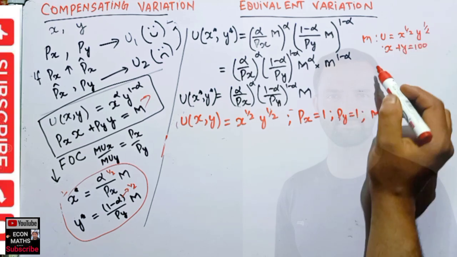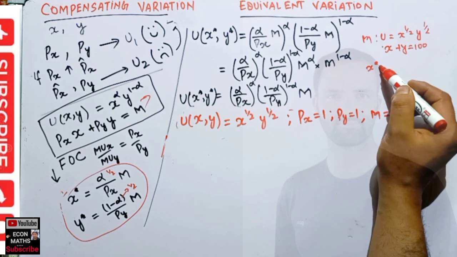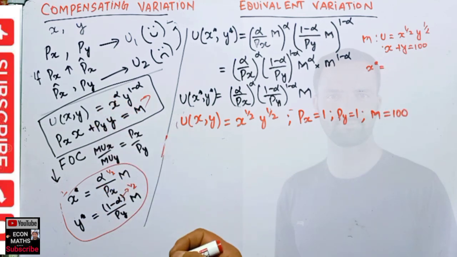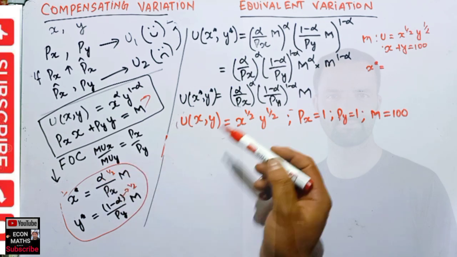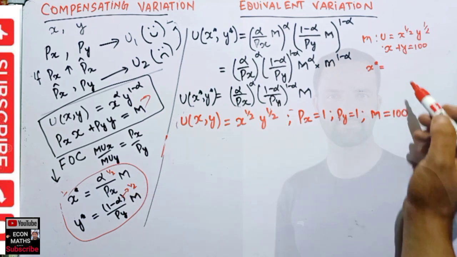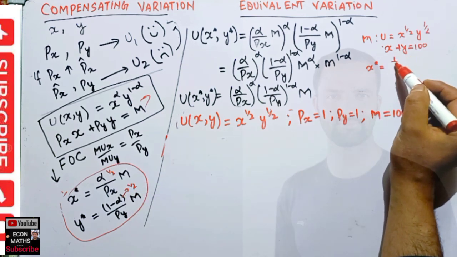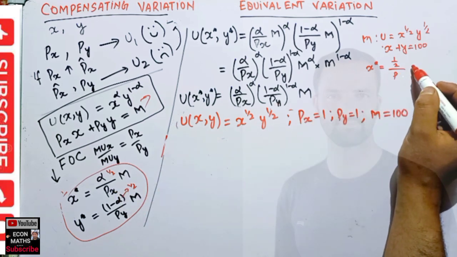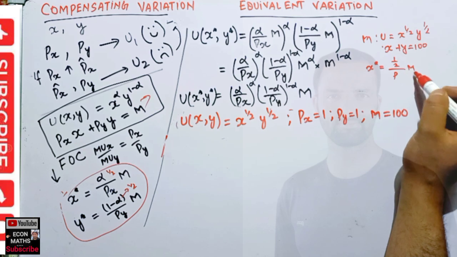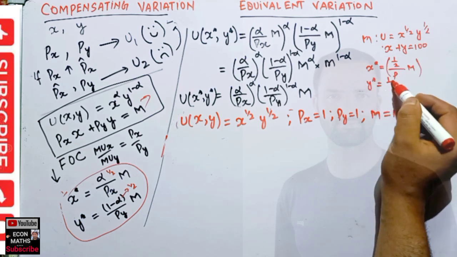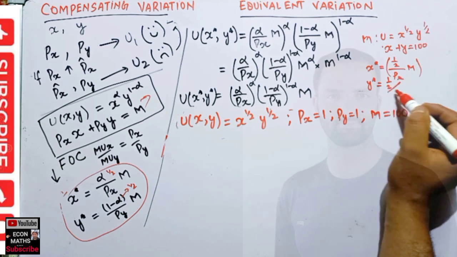When we solve this, we will get the optimal value of x as, since we have solved the general Cobb-Douglas function, alpha is 1 upon 2, 1 minus alpha is 1 minus 1 upon 2, so we will get 1 upon 2 upon price of x into m. Similarly for y, the optimal value of y, we will get 1 upon 2 divided by price of y into m.